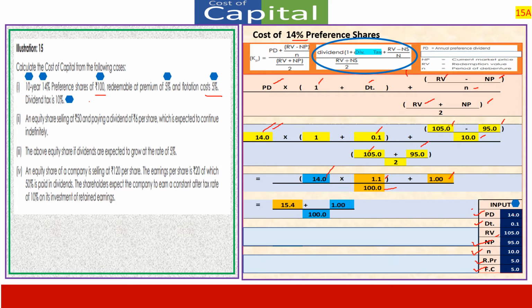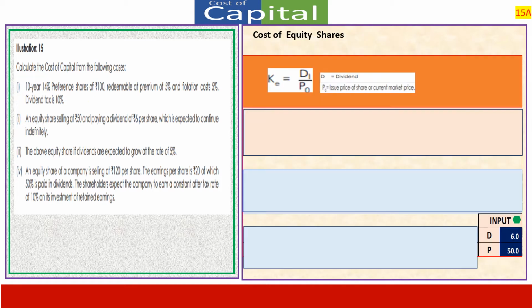We go ahead. 14 into 1.1 is 15.4 plus 1 divided by 100 means 16.4 divided by 100. 16.4% is the cost of capital in respect of additional funds to be raised under 14% preference shares. That is the first answer.